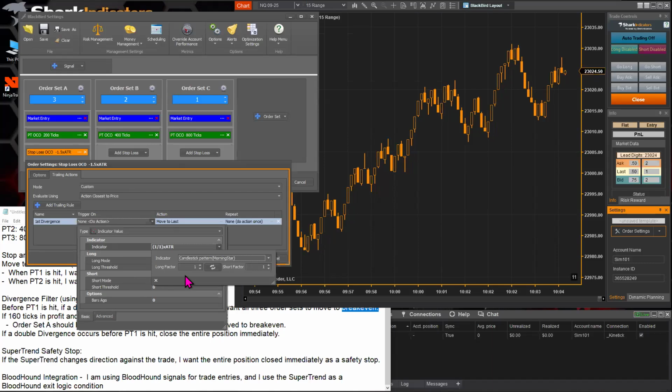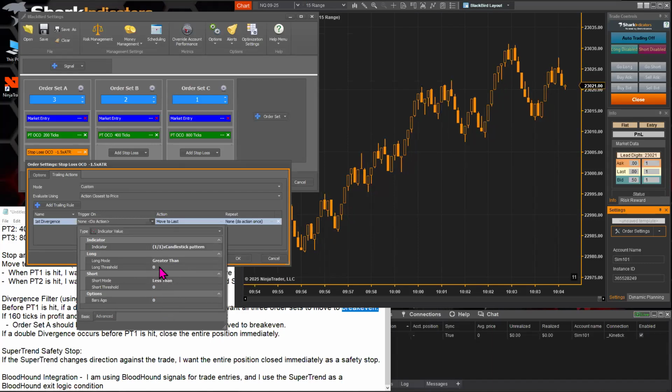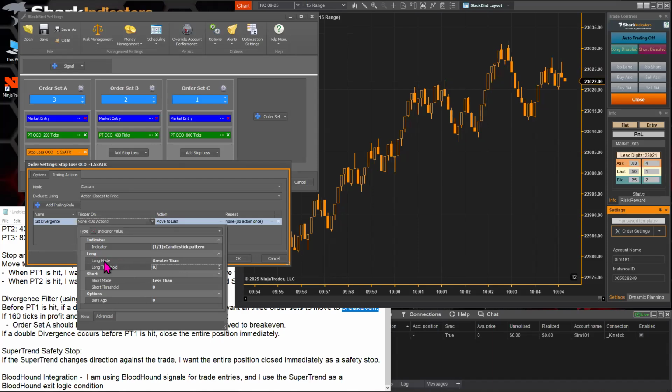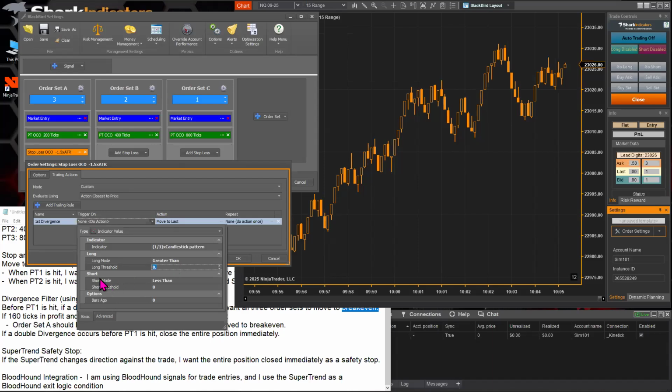Now the next part here is, you have to go to the documentation for your divergence and figure out what is a long divergence output value and what's the value for a short divergence. So my guess is, let's see here, a long divergence is probably greater than 1, and a short divergence is probably a -1.